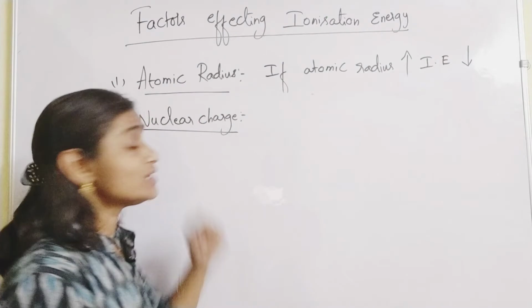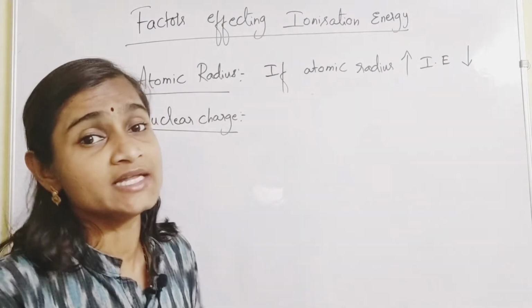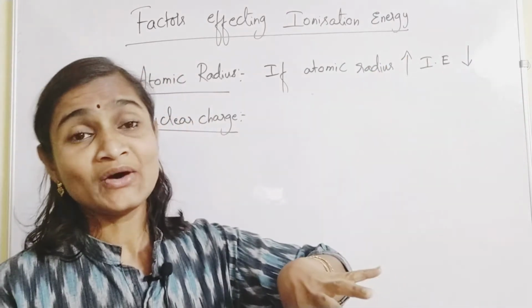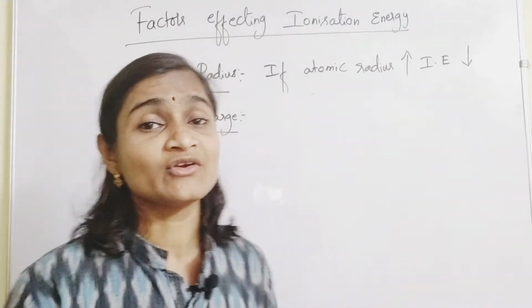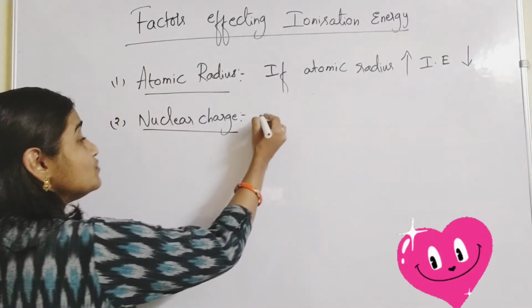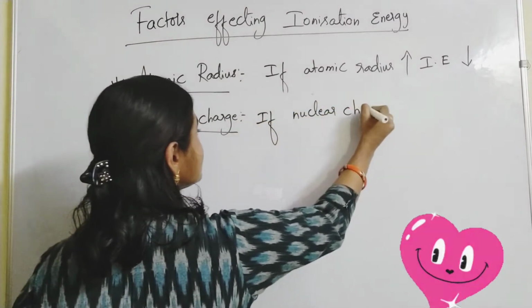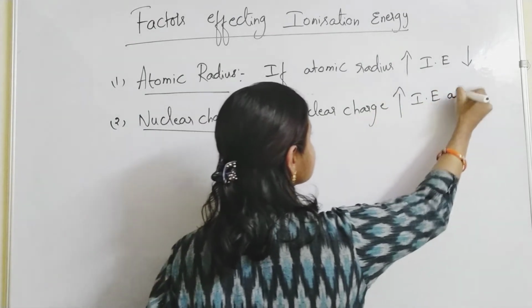So if nuclear charge increases, what happens? Ionization energy also increases. In order to overcome the influence of nucleus, we have to supply much energy to remove that electron.